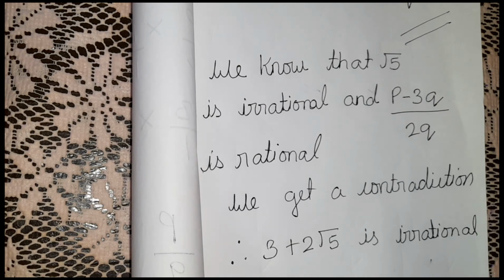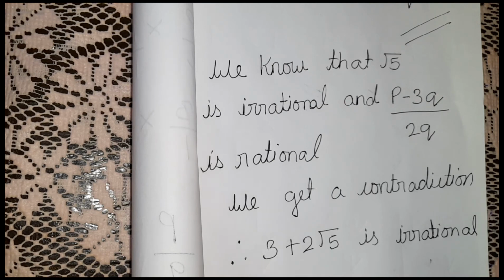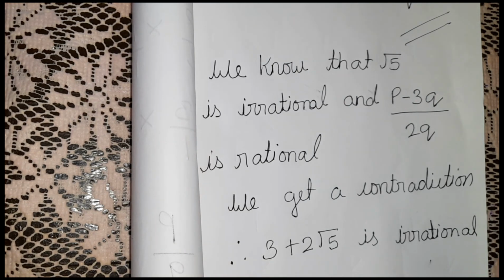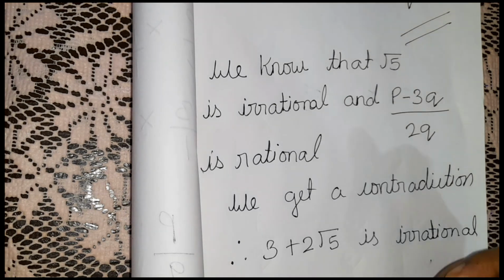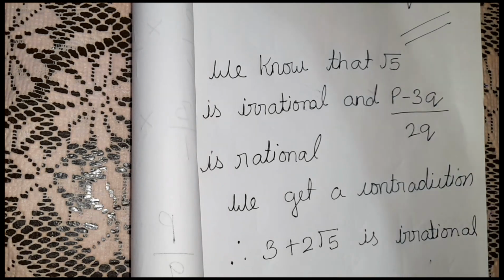If we take some other number instead of a particular number, we get an answer. Am I right? That might be wrong or that might be correct. But in this question, just because we took a rational number, we could solve this question. If we don't have a rational number, it is really hard to solve this question or examples of these questions. So that's why after contradiction we just prove that it is irrational.